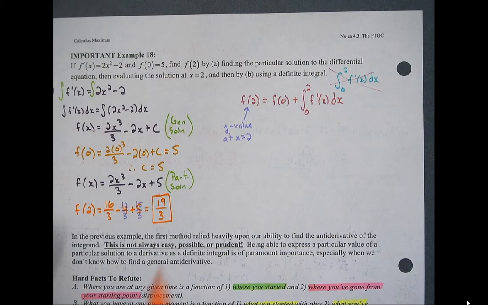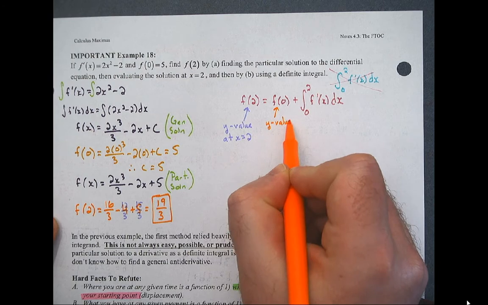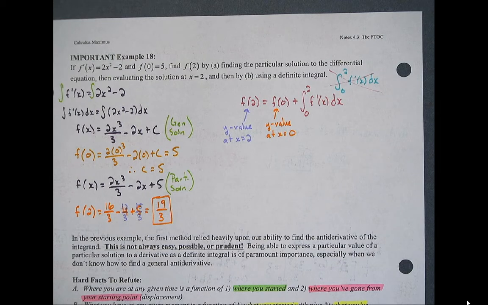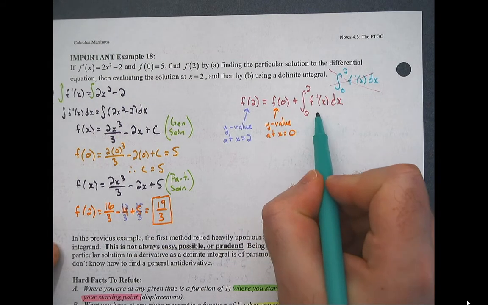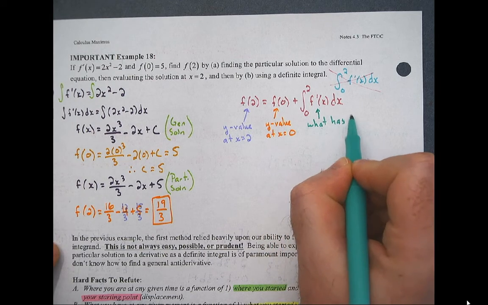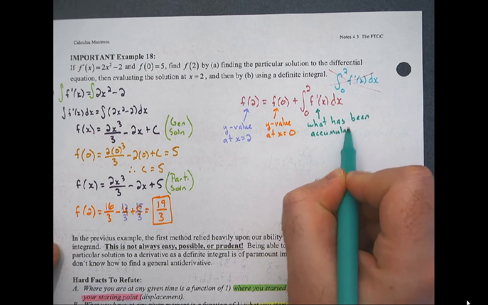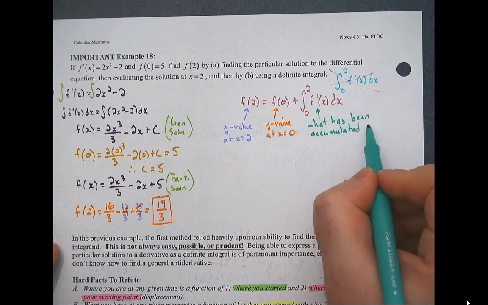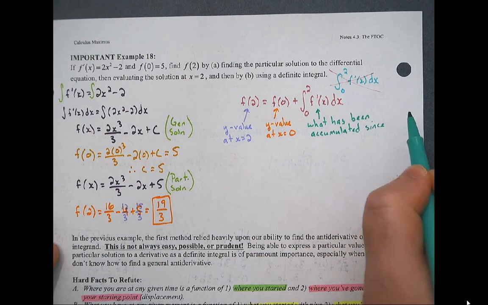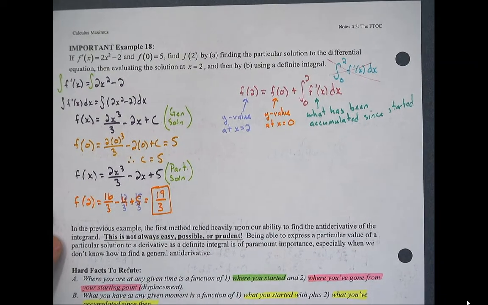The y value at x equals 2, though, can be found by looking at the y value at x equals 0, and then finding out what has been accumulated since, let's say, since you started. What you've accumulated since you've started.